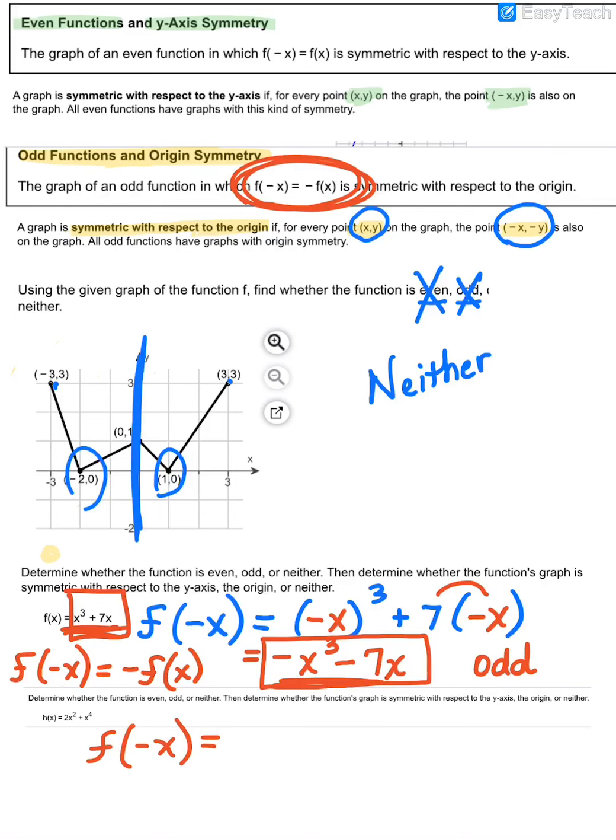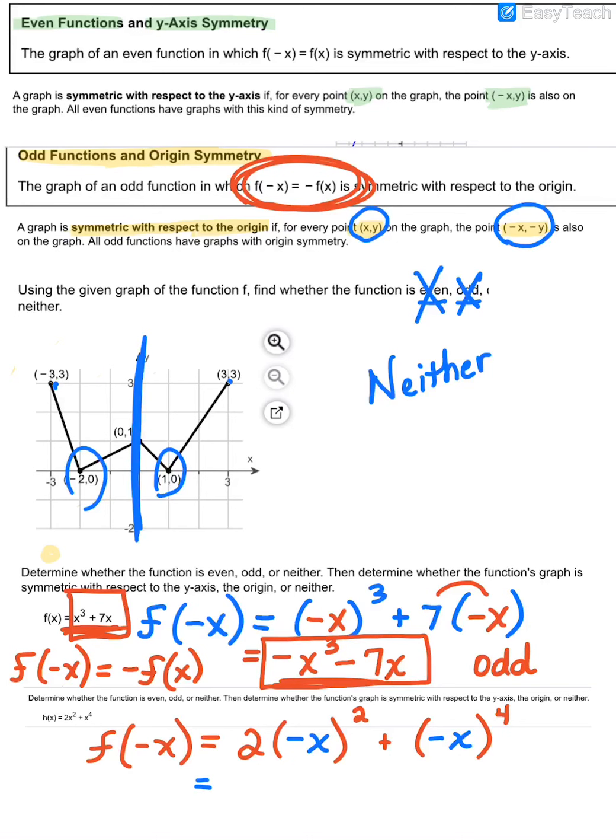This particular function, the equation is 2 times x squared plus x to the 4th power. Again, write that down first with parentheses in place of your x, and then go back and everywhere you've got those parentheses, plug in negative x. And then we simplify.